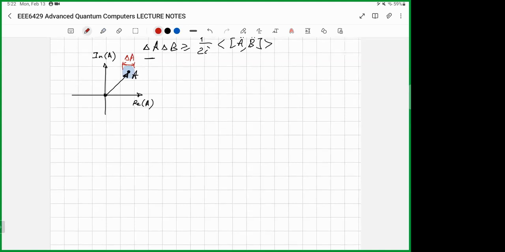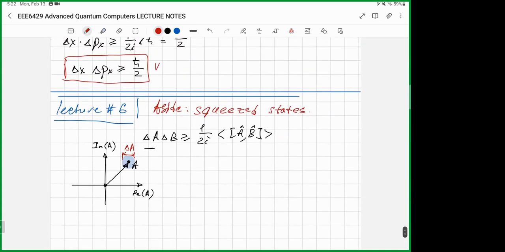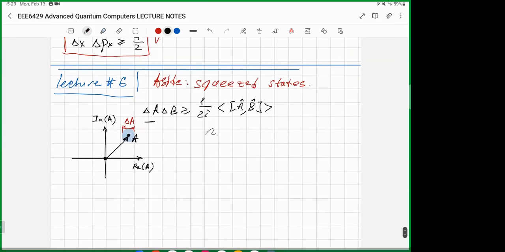And for B, we have a picture like this also. Now it's important to notice that the uncertainty principle and uncertainty relation imply a limit on the product of the two, right?